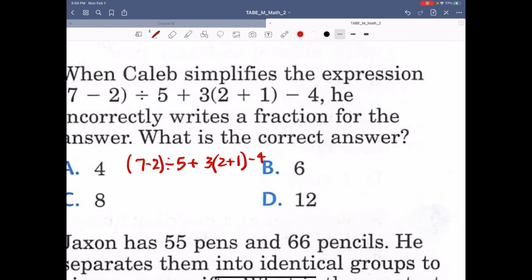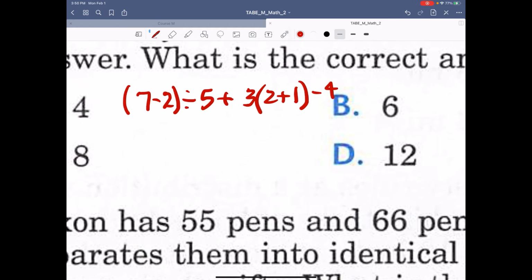So I need to do parentheses first. I need to say 7 minus 2 is 5, and 2 plus 1 is 3. And then I need to copy the stuff I haven't used yet. And then I multiply or divide from left to right.